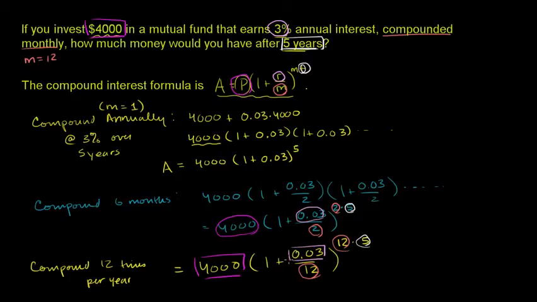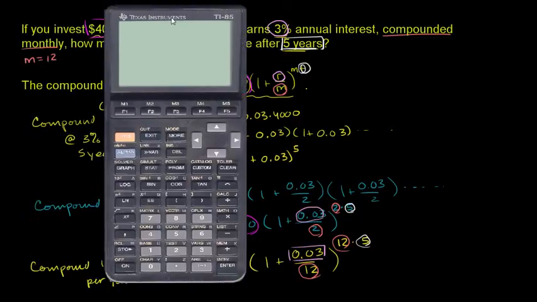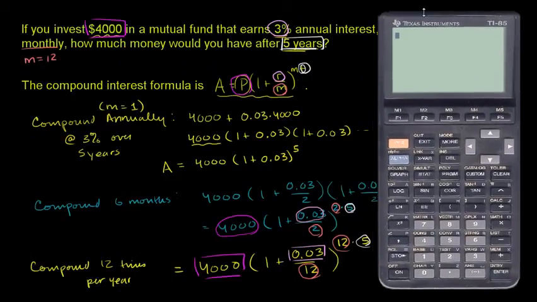And now we can just get a calculator out to actually evaluate this. Let's see. We have got my trusty TI-85 out. We're going to have $4,000 is what we're starting with, times 1 plus 0.03 divided by 12.